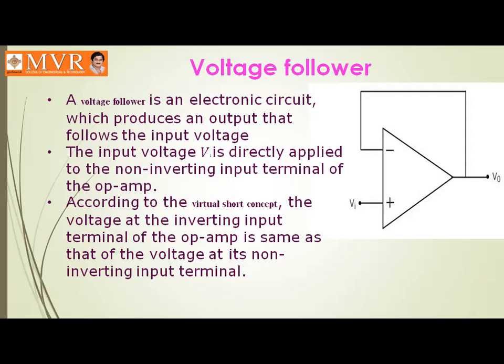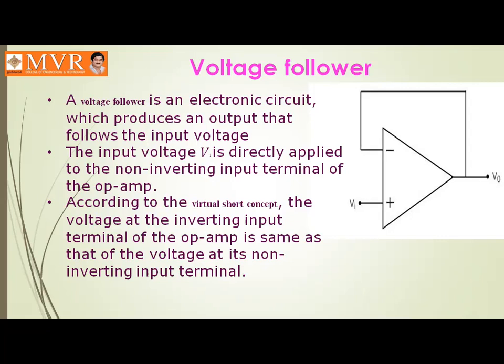And we are eliminating the two resistances. So Rf is eliminated as well as R1 is eliminated. As we know, due to the virtual short concept or virtual ground concept, the potential at the non-inverting terminal is equal to the potential at the inverting terminal.